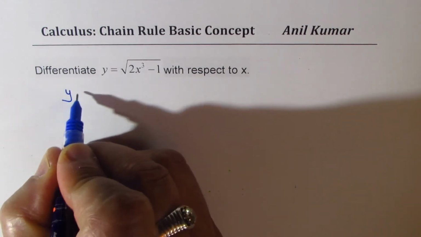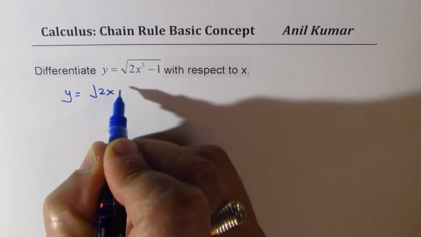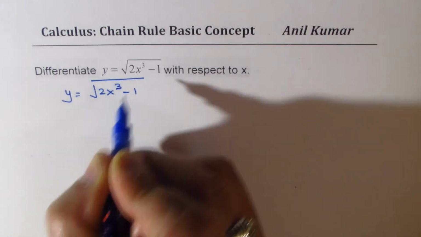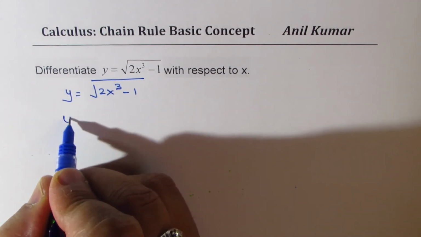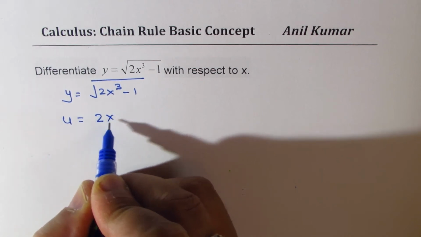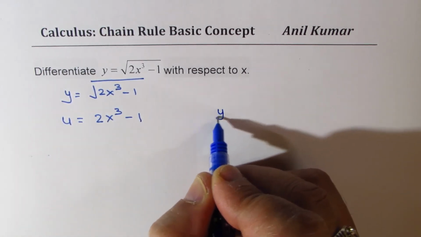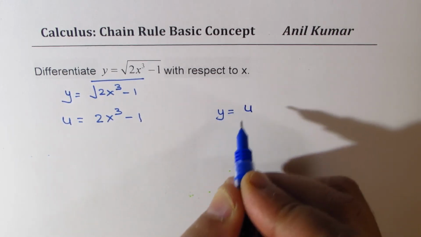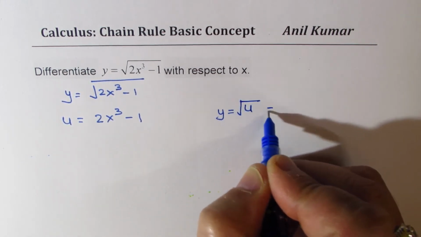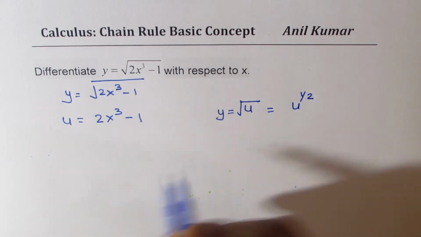Now we have y equals the square root of 2x cubed minus 1. The inside function is u, 2x cubed minus 1. If you make that substitution, y equals the square root of u, which we may write as u to the power of half.